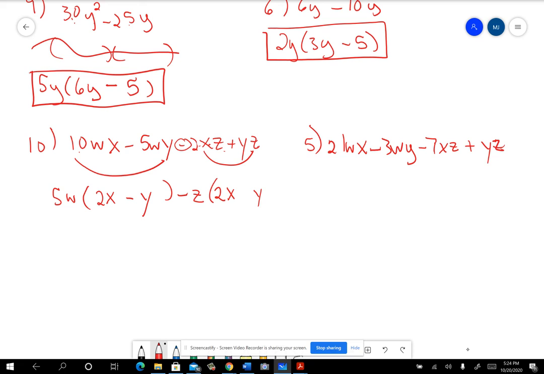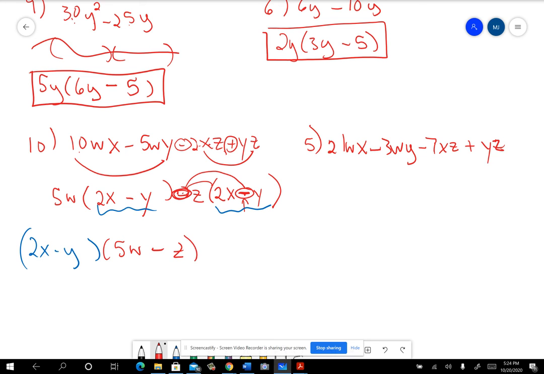Now, what was hardest was right here. Since I pulled the negative out here, then this really needs to be negative so that when it gets distributed to the second term, the negative times the negative gives you the positive. And it's good that's what happened because these need to be the same. So you're going to bring that 2x minus y out, and what's left is the 5w minus the z.